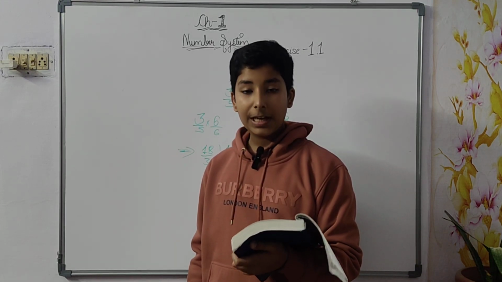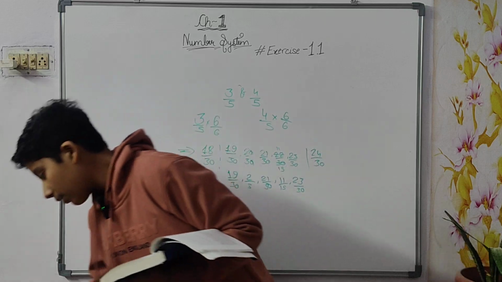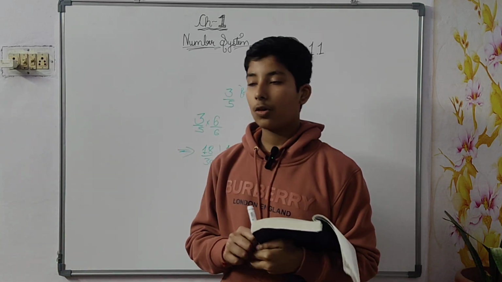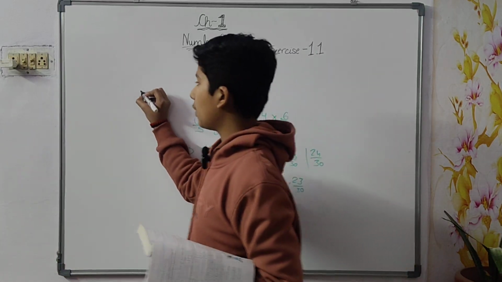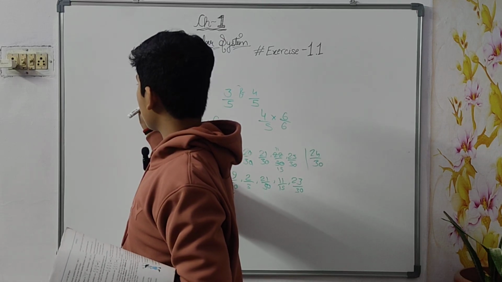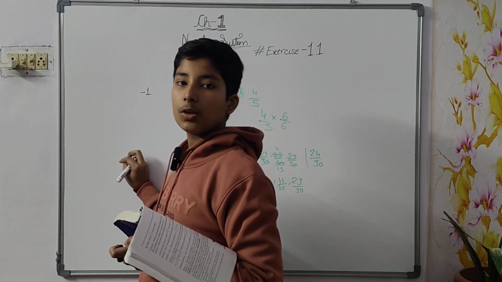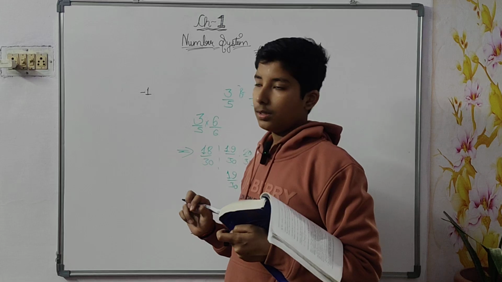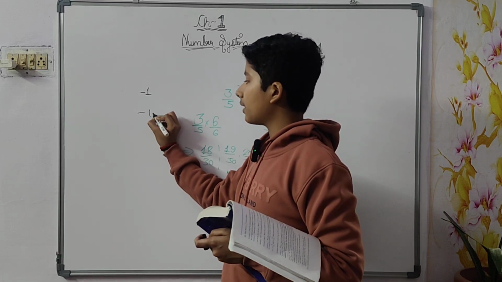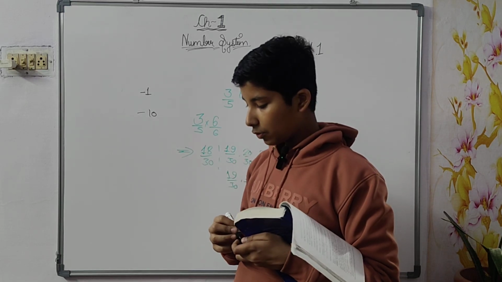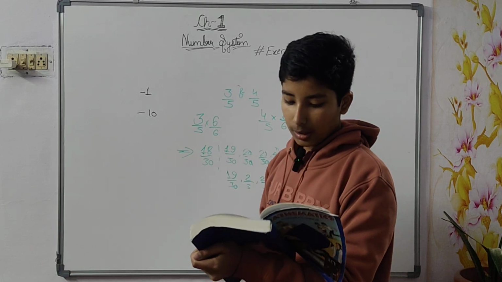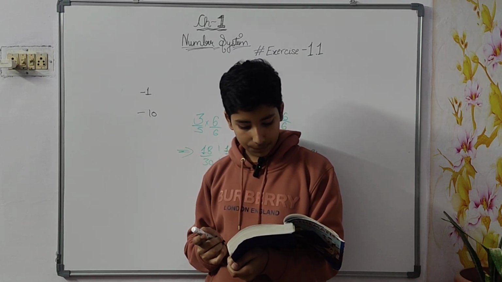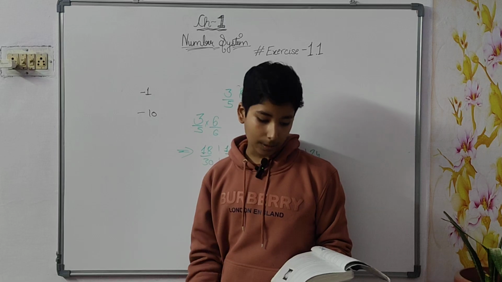Now, every integer is a whole number. No, this is wrong, because if you take example of -1, it is an integer, but it is not a whole number. Also -10, this same rule is applied over here. Now this will be our false. You can give a reason by your example.